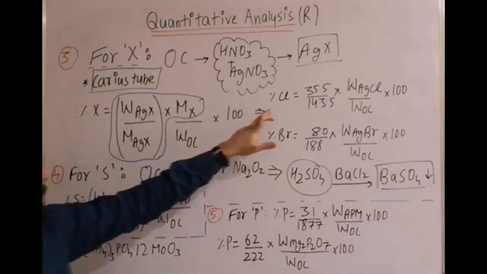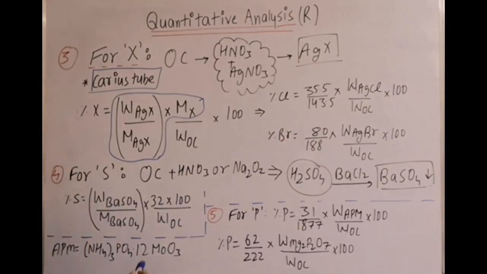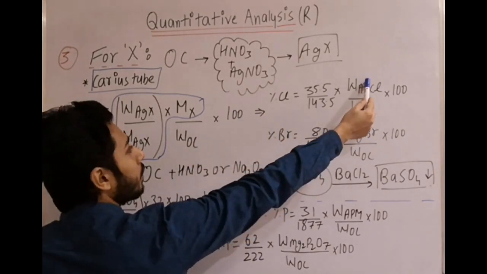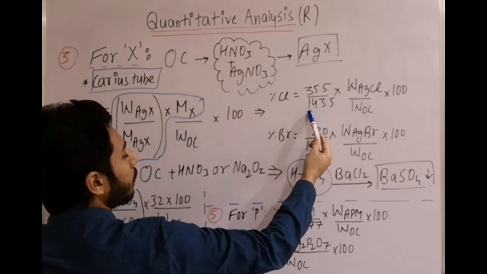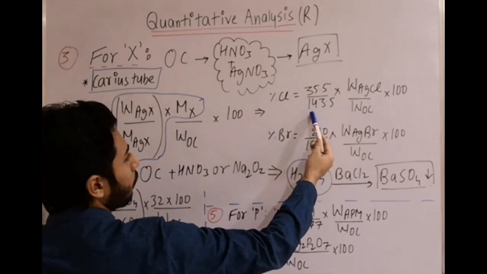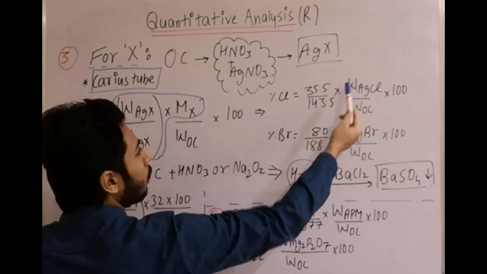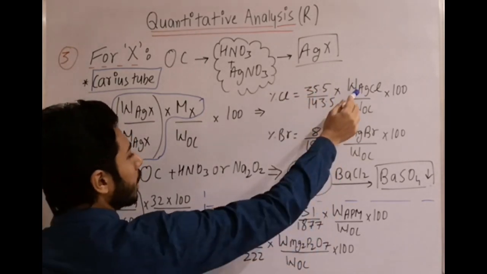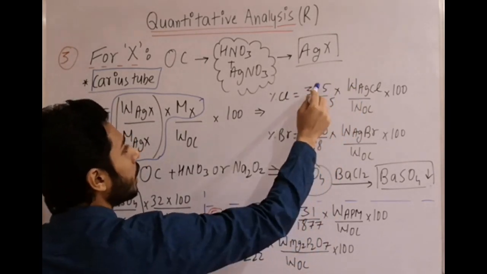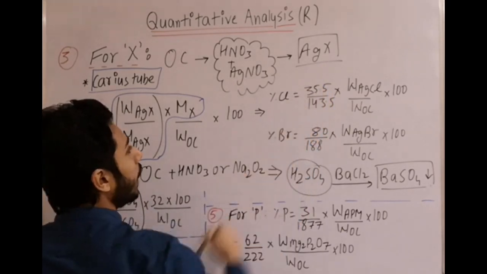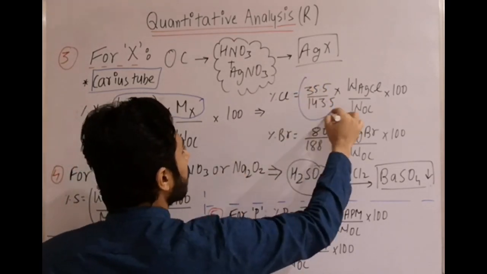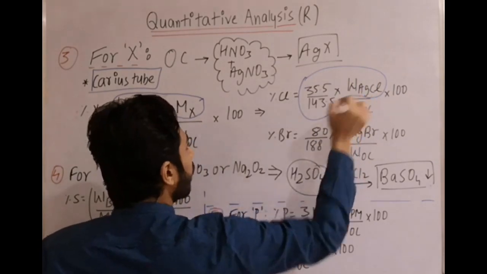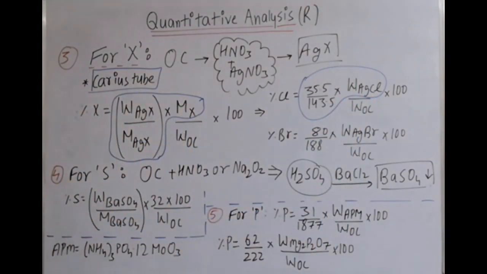For example, percentage of Cl will be the weight of AgCl divided by its molecular mass or formula mass. This term will be the moles of AgCl, which will also be the moles of Cl. That is why we multiply it with the atomic mass of Cl, and this term is the mass of Cl divided by the weight of the organic compound.